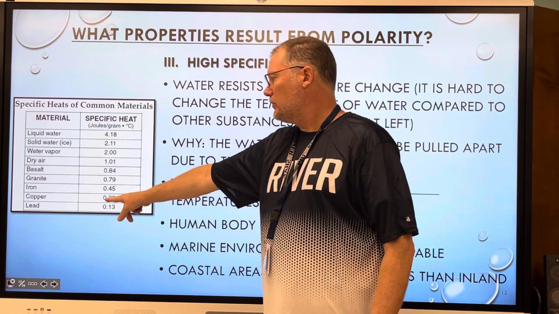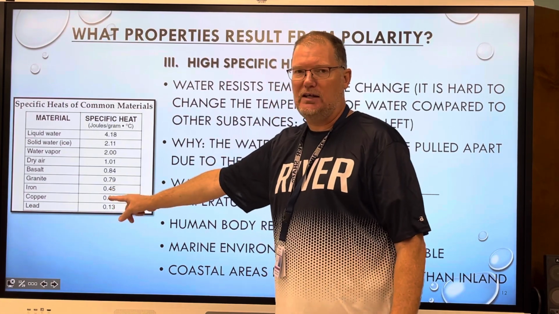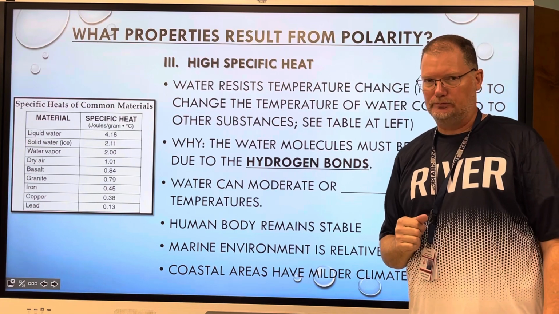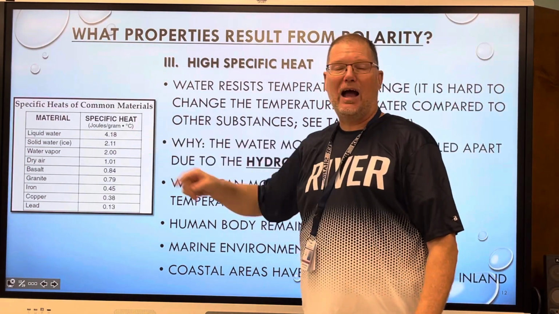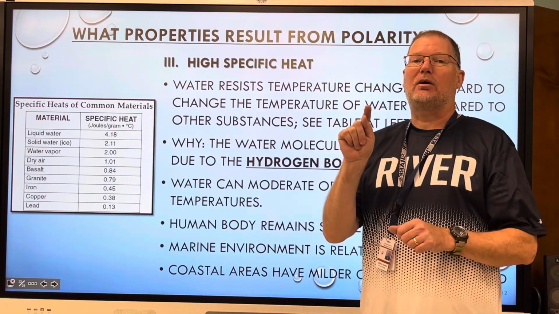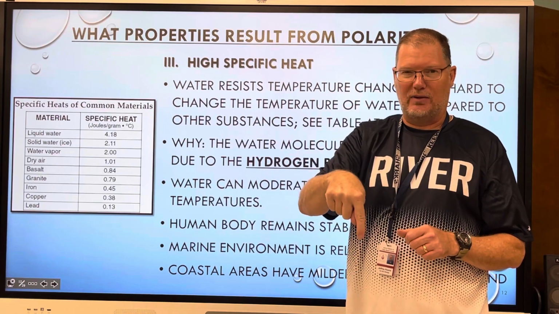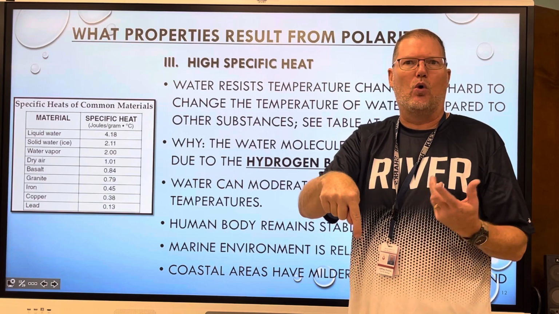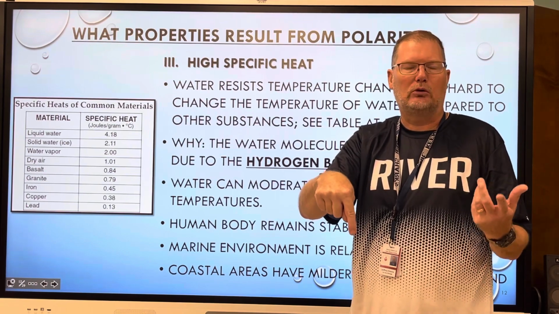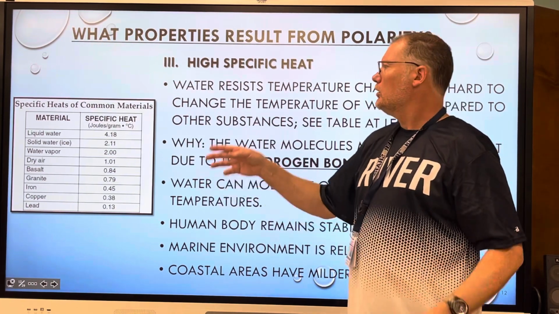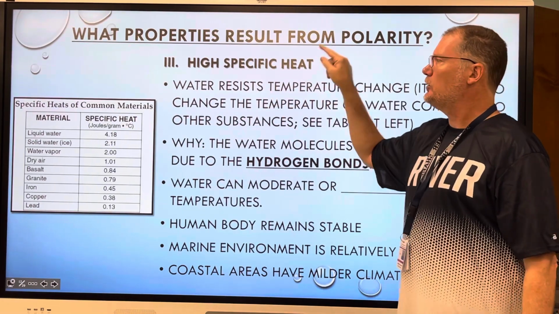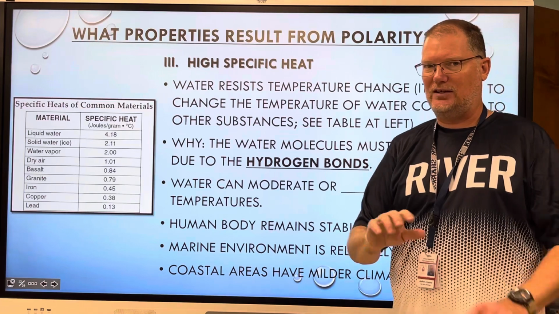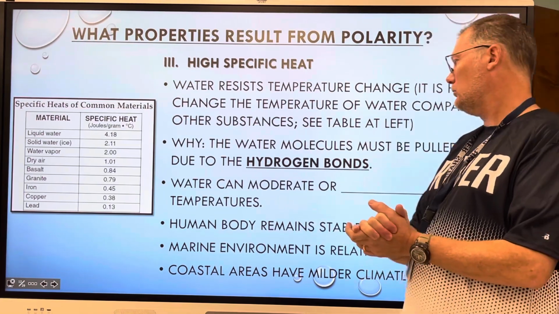Because metals have a low specific heat. They don't resist temperature change very well, right? But now, after that minute, I stick my finger in the water. Am I going to burn myself? No. It's only going to be maybe not even warm. Maybe warm, okay? Because water resists temperature change because it has a high specific heat. That's the easiest way to explain this concept, okay?